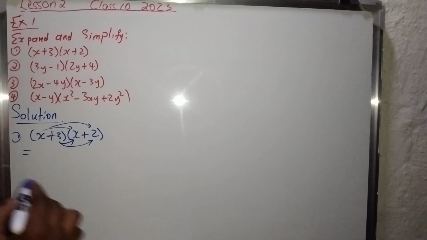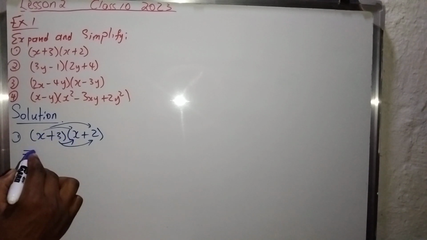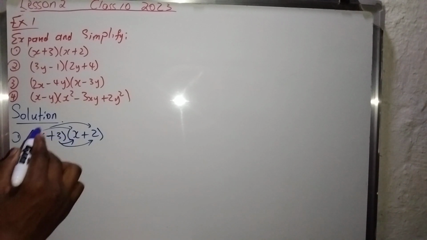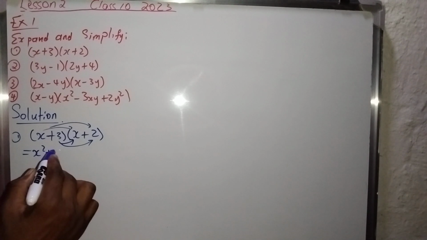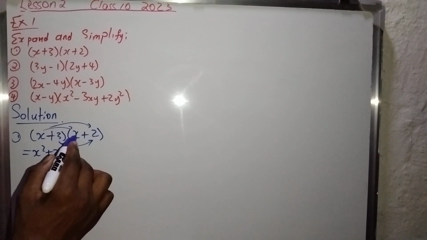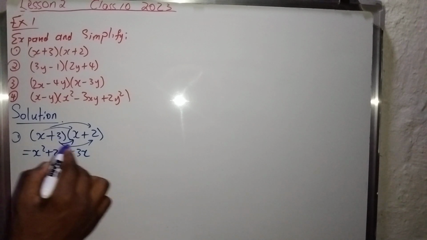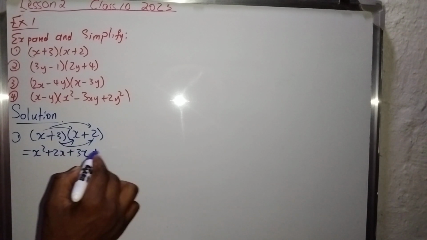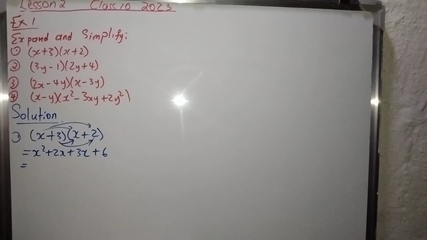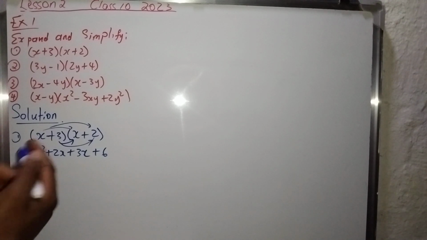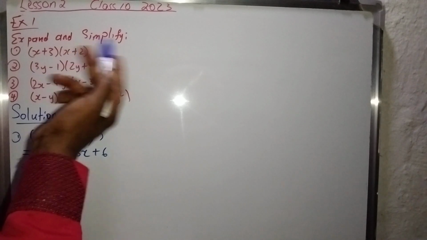That's the FOIL method. Then x times x is x squared, x times 2 is plus 2x, 3 times x is plus 3x, and 3 times 2 is plus 6. And then we have expanded here, and then we simplify.